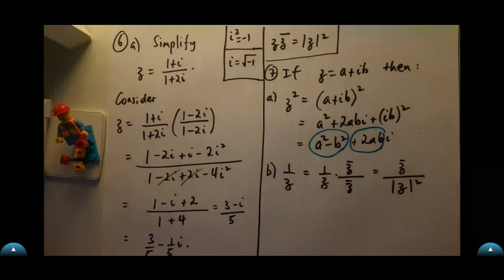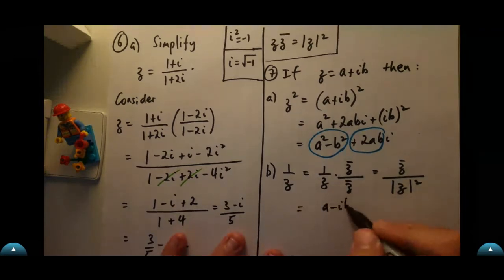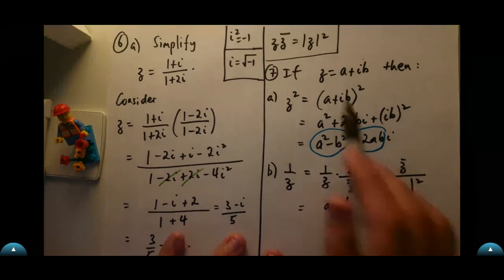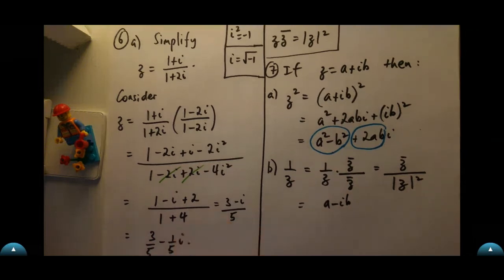William is right on it. Vrudant is right on it. A minus iB. And who can tell me what is the square of the modulus? If that's my Z, what is the square of the modulus? Who can tell me? Yes, Vrudant, you are right.